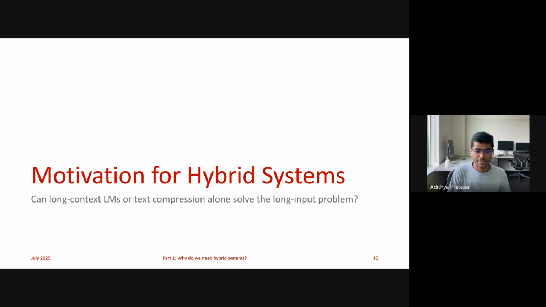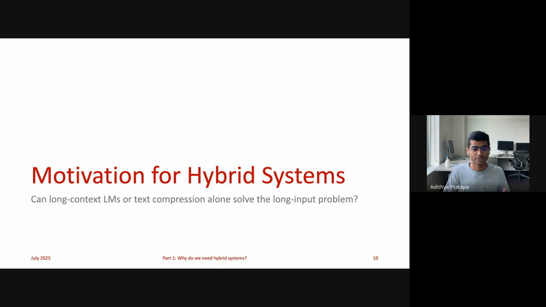So given that we have established the task we are solving, in the first part of the talk, I want to talk about how we approach solving these kinds of problems. The traditional way, before we had language models that supported a 100,000 context window, was to do some sort of text compression, reduce the size of the input, and feed it to the model.